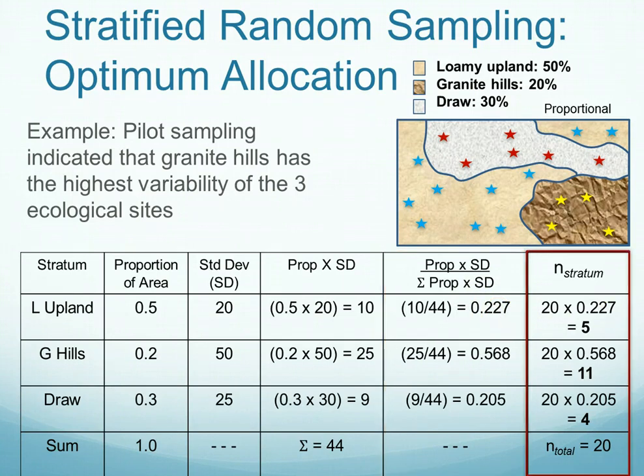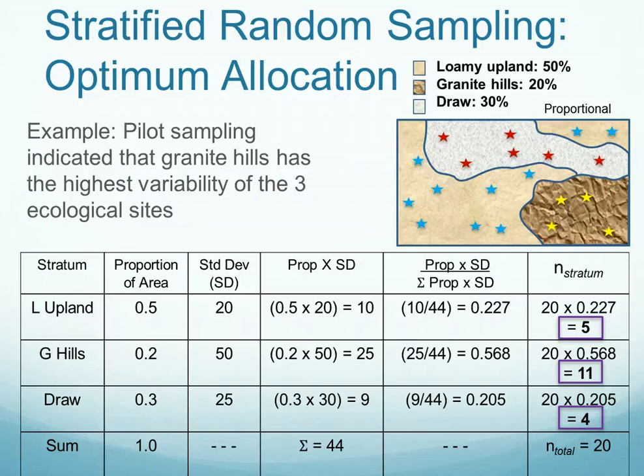by the number of sampling units that we're going to put in the area, and what this gives us now is a new allocation of sampling units to the different strata that's weighted by both the proportional area and the variability of these areas.